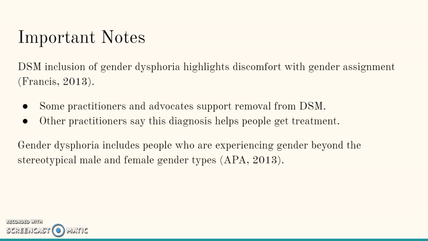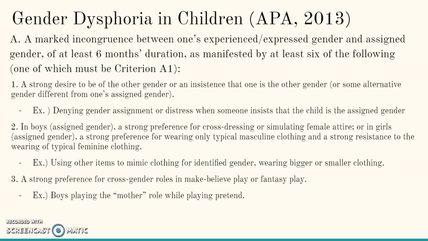So first, we are going to look at gender dysphoria in children. And this is the criteria, which is as follows. A is a marked incongruence between one's experienced gender and assigned gender of at least 6 months duration, as manifested by at least 6 of the following 8 characteristics.